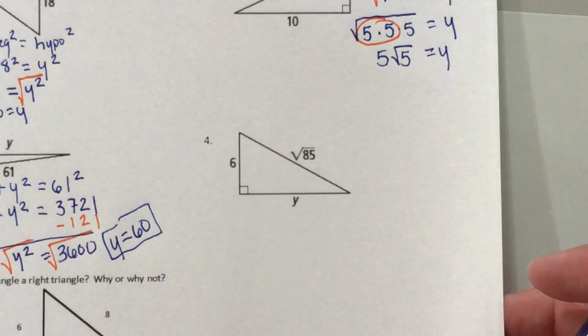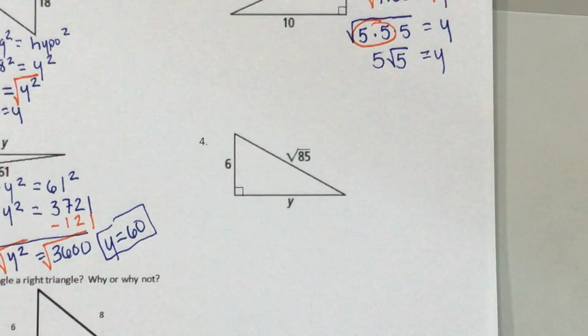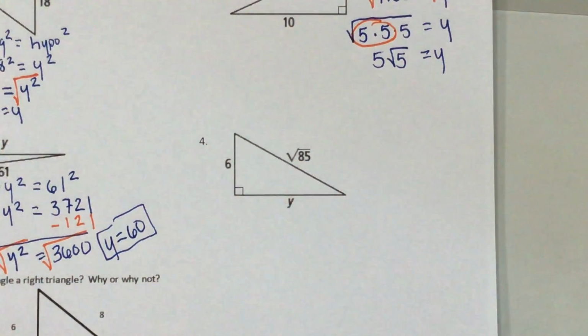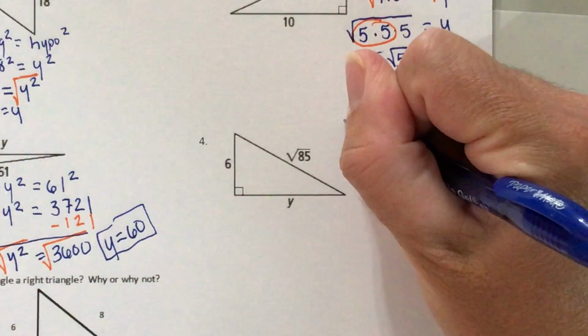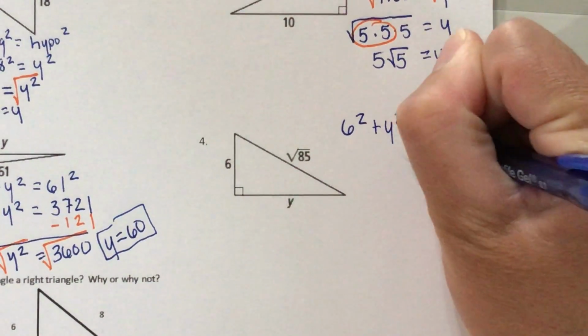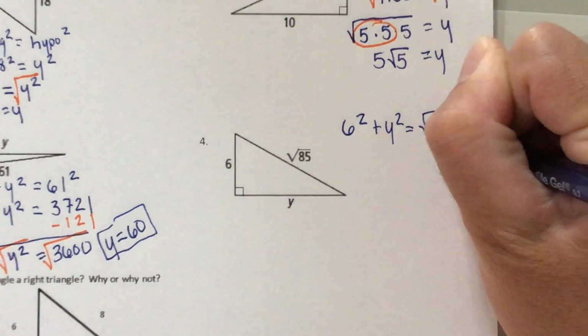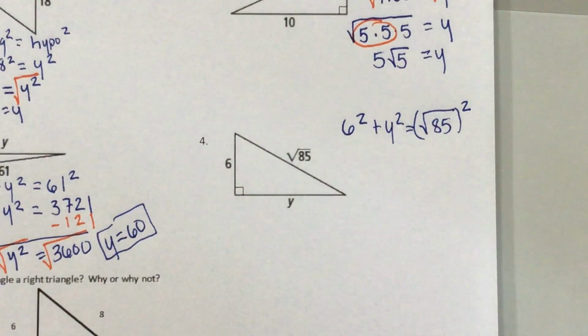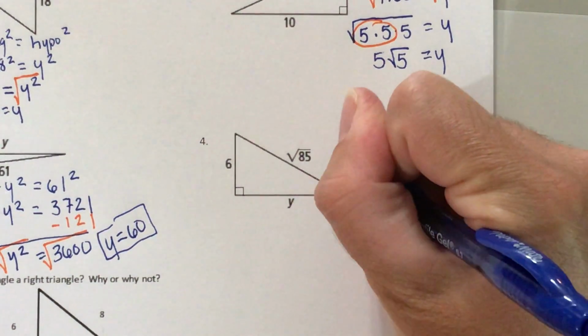Now, in number 4, notice how our hypotenuse already has a radical in it, and we're trying to find one of the legs. Nothing changes. We set it up still the same. 6 squared plus y squared equals the square root of 85 squared. 6 squared is 36.